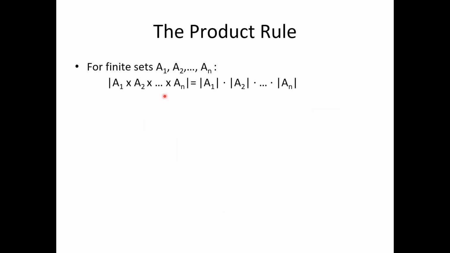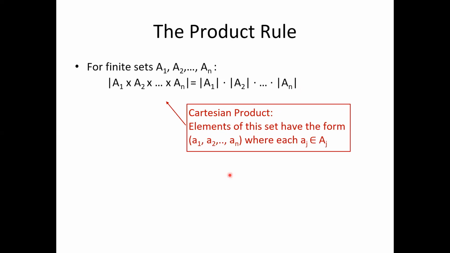So this is the general rule: the cardinality of a Cartesian product is just the multiplication of the cardinalities of the sets. And this Cartesian product is the set of sequences like this, where the j-th element is in the alphabet capital A_j. And when I say alphabet, I mean set.